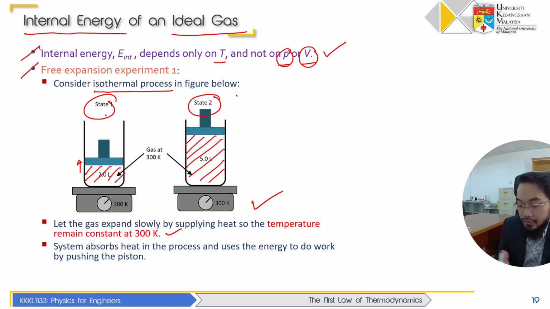The pressure must also change because now the piston is pushing with a higher and higher force in order to overcome the gravity. All right, so both P and V change, but internal energy does not change. That tells you that only temperature can determine the change in internal energy.